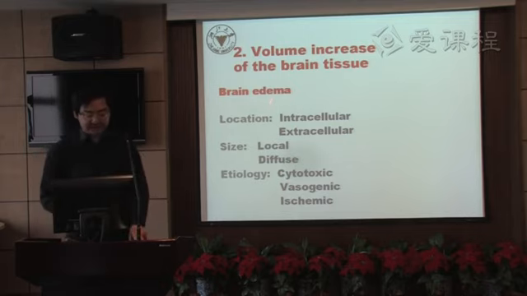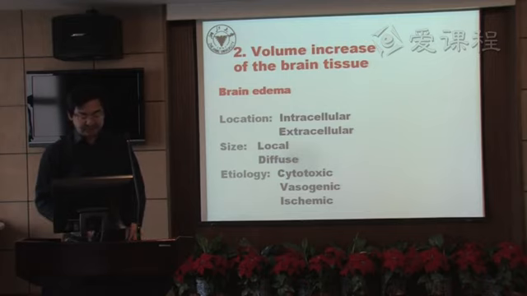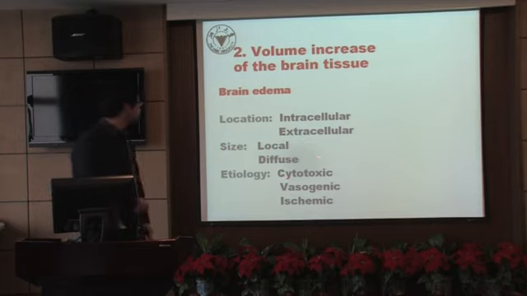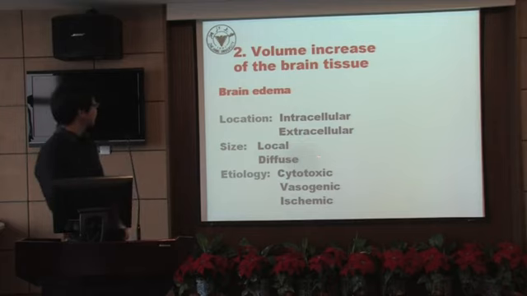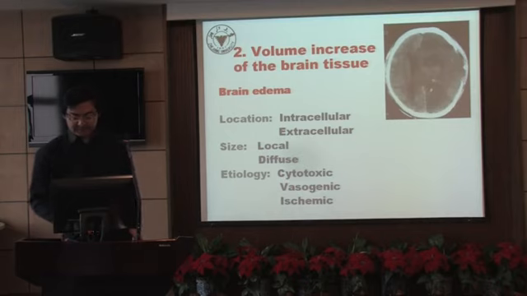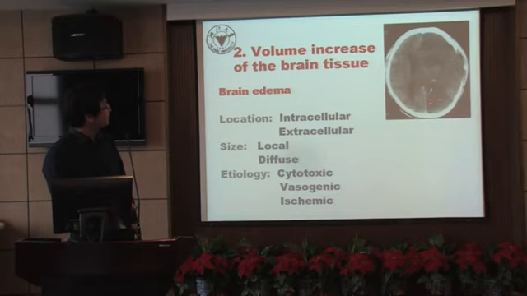Depending on location, size, and etiology of brain edema, we usually classify brain edema into intracellular edema, extracellular edema, or local edema, diffuse edema, or cytotoxic edema, vasogenic edema, and ischemic edema. In this picture we can see the patient suffered brain injury, and after several days, surgery, and brain edema we can see here.